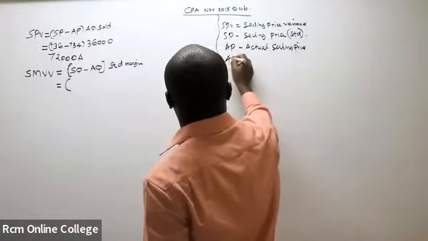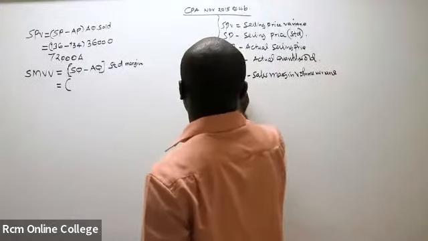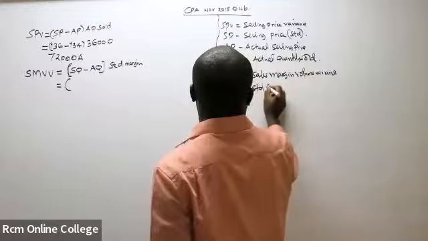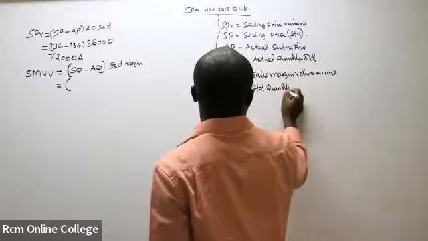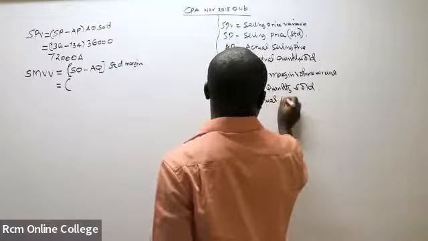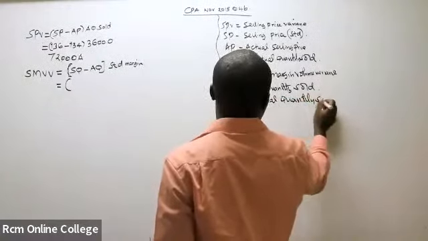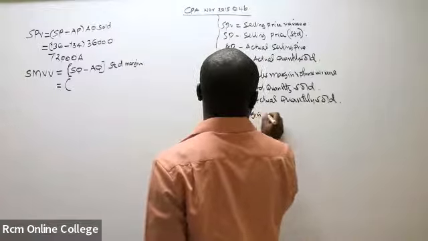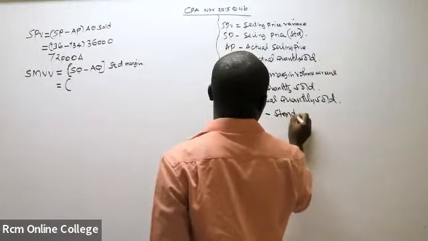Actual quantity sold. Sales margin volume variance: SQ, standard quantity sold; AQ, actual quantity sold; then STD margin, standard margin.